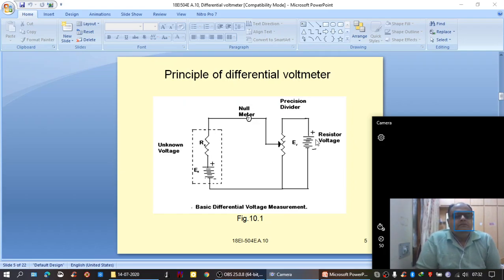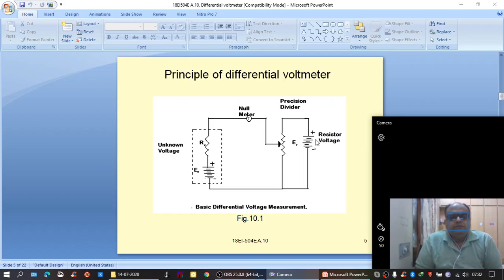When two voltages are applied to the null detector, depending upon the relative magnitudes of the voltages, the pointer deflects in a direction depending upon which voltage is larger.